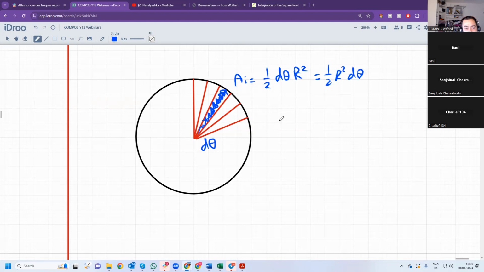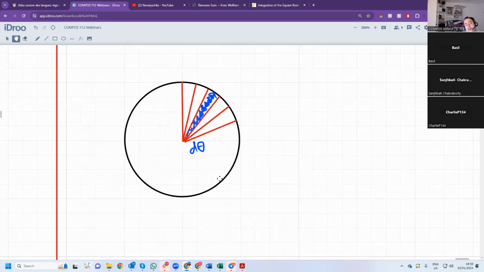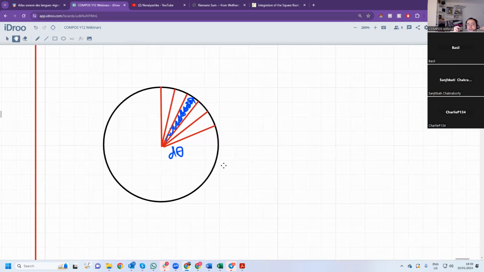But you can't use this formula, because it assumes you already know the area of the circle, so it's working backwards. So no, you can't use that formula, but you can use the triangle.